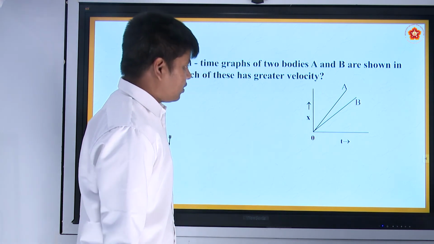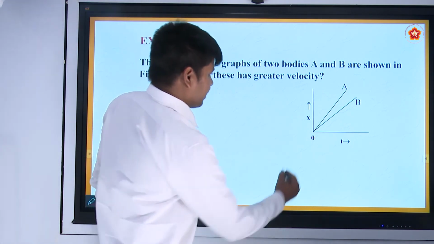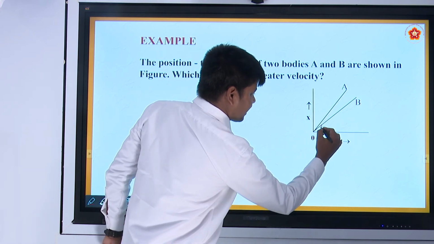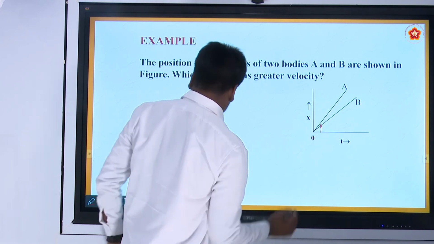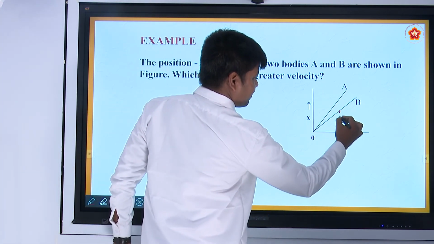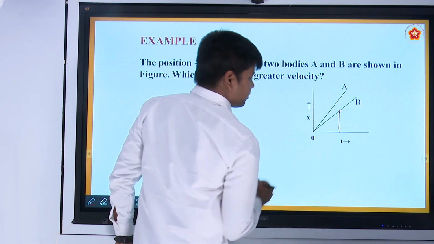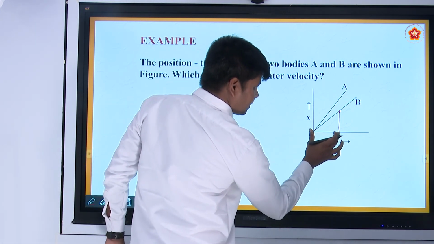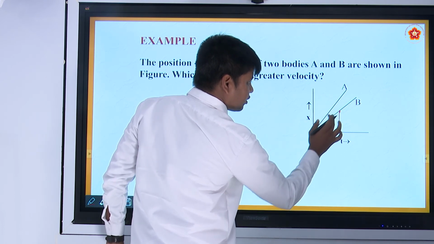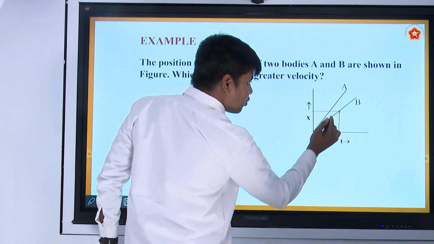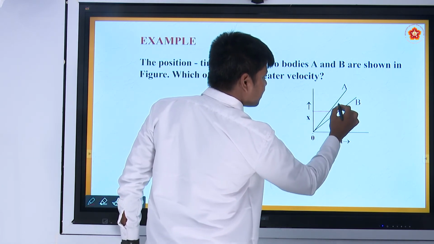By seeing this, you can see A's increment is more. Take this time period here. From 0 to here, in this much time, what is the change in position of B? This. For the same period of time, what is the change in position of A?